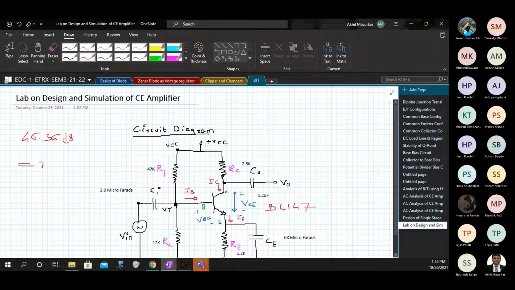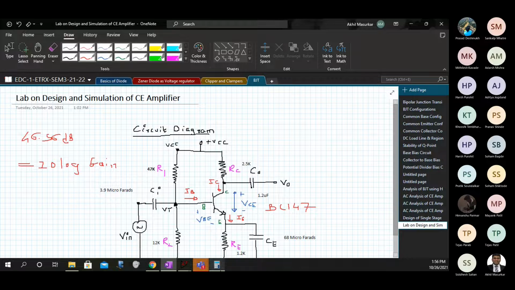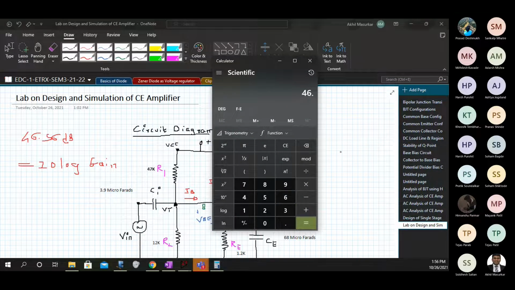46.56 dB is equal to 20 log of gain. So if you divide 46.56 by 20, we'll do a quick calculation here. 46.56 divided by 20 is 2.382.